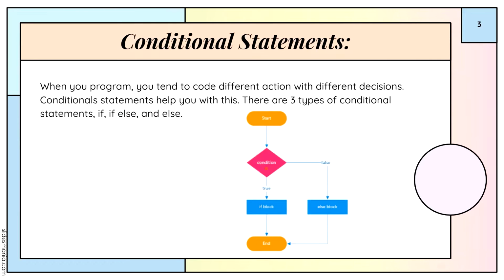For example, let's say, is Ritika 12? And if that's false, we use the else block. So if Ritika is not 12, do this. But if she is 12, then do this. So that's if and else, and then that's the end of our code. So those are conditional statements.